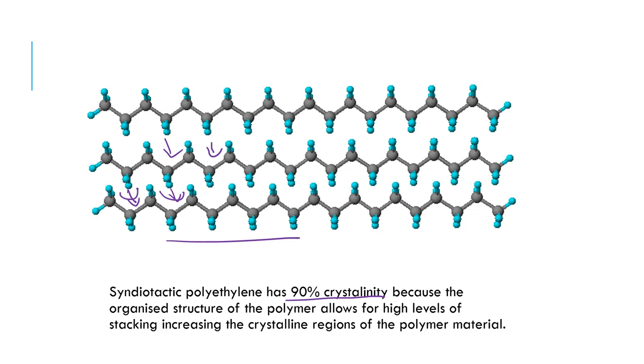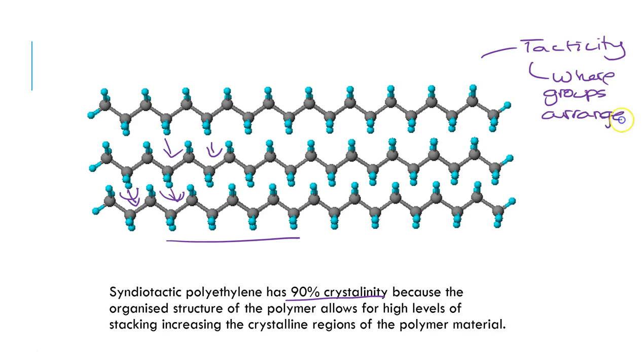Okay, so that's really all we need to know. We need to know that tacticity talks about where the groups are arranged on the polymer. We need to know that crosslinks determine if it is thermoset or thermomelt.